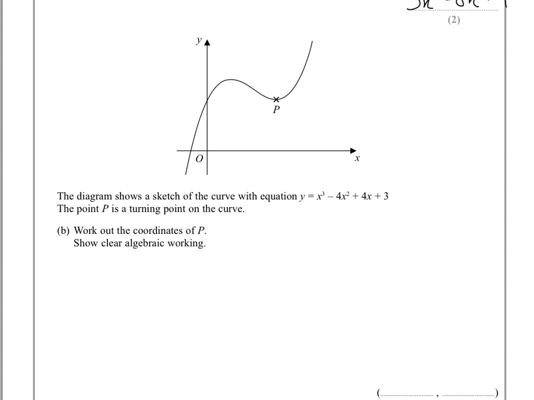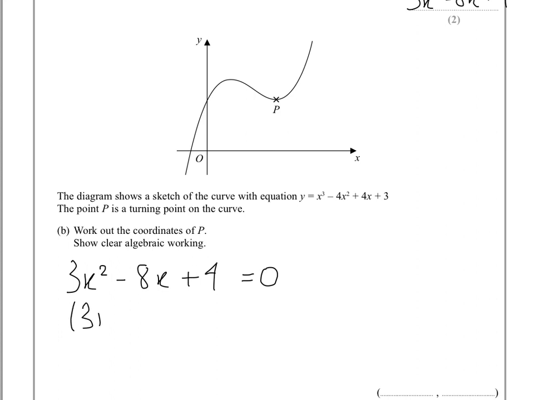In part B we're asked to work out the coordinates of P. Since we know that at that point the gradient will be 0, when you differentiate an equation, dy by dx is in fact the function to work out the gradient. So what we know therefore is that 3x squared minus 8x plus 4 is equal to 0 at that point.